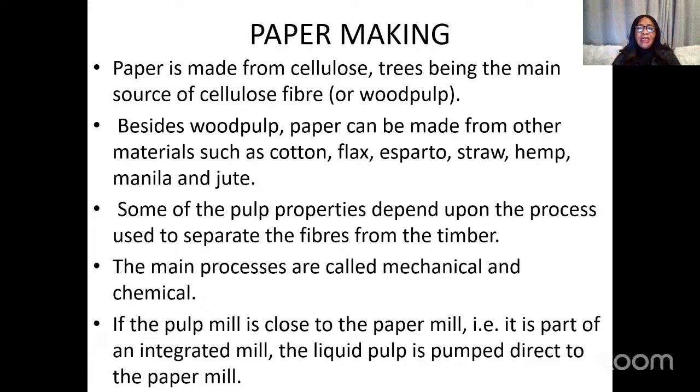And if the pulp mill, whether chemical or mechanical, is close to the paper mill where you're producing the paper, or is part of an integrated mill, where one section is for pulping and another section of that mill is for paper making.